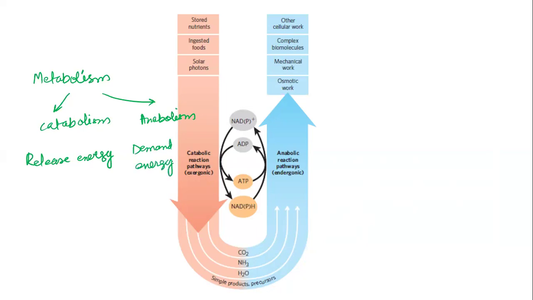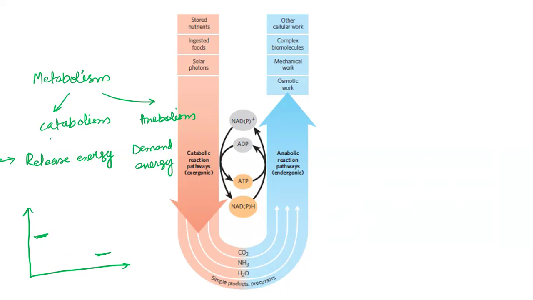And why is it so? In catabolic reactions, the complex reactants undergo conversion to the simpler products having lower energy status. So when a complex reactant is converted into a simpler product, which requires lower energy, the additional amount of energy will be released.